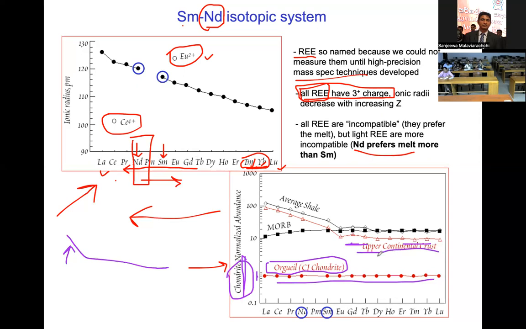Why? Because continental crust is a product of partial melting of the mantle. That means it is a melt derived product, right? So in a melt, you will definitely see light rare earth elements enriched, because light rare earth elements are more incompatible than middle to heavy rare earth elements. Therefore, you must see a pattern like this, a light rare earth element enriched pattern.